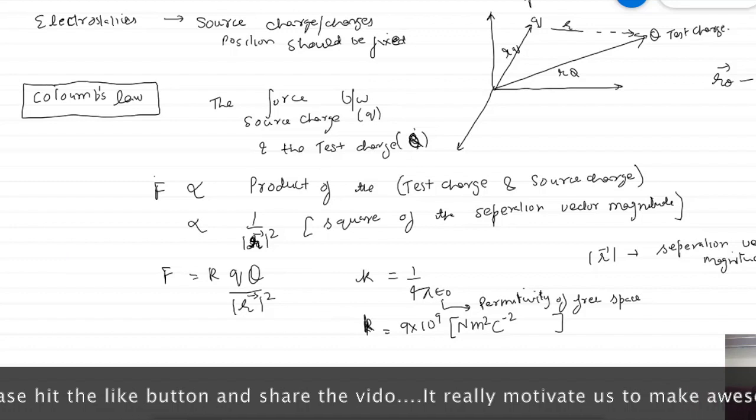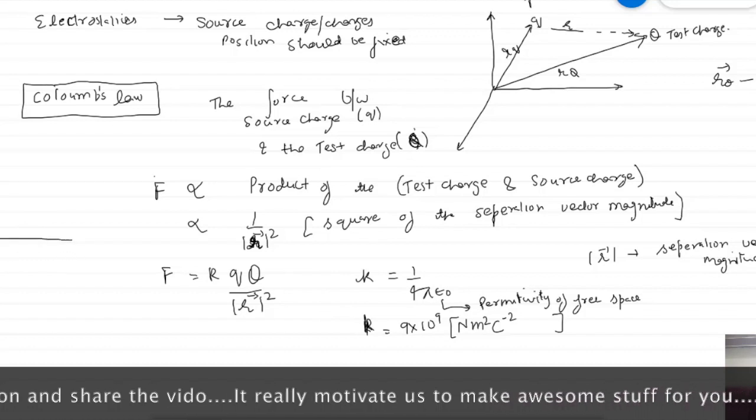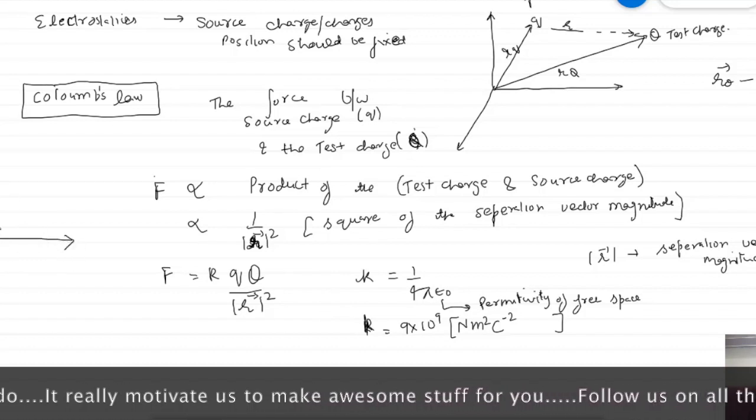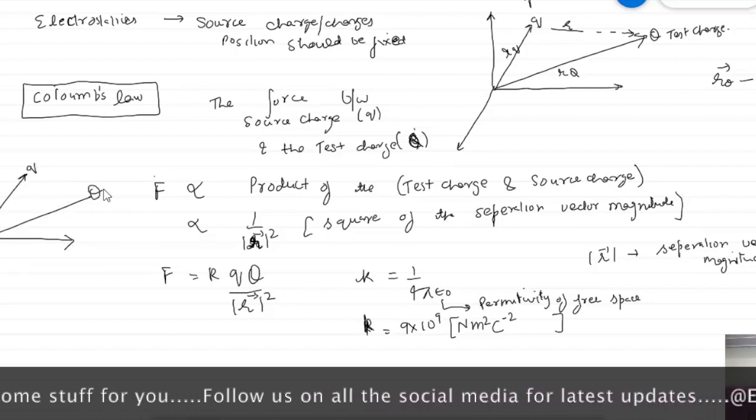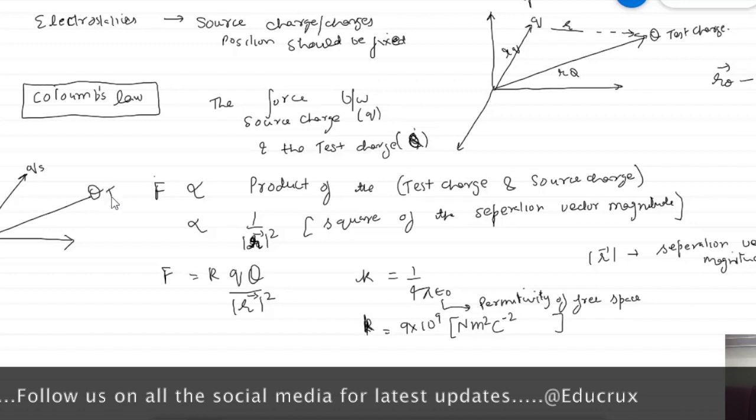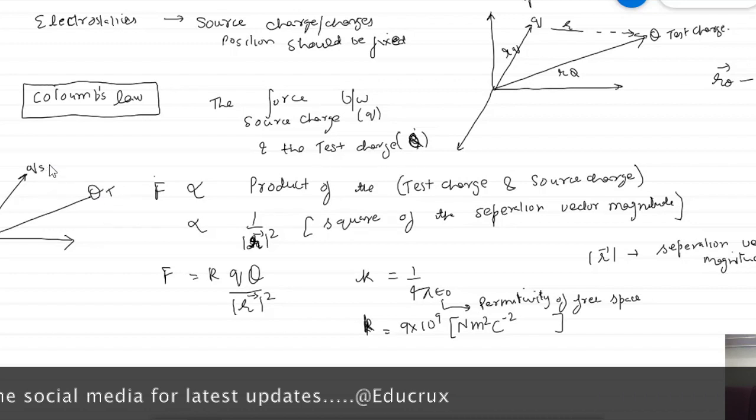So if I have a source charge small q and a test charge capital Q, so this subscript S stands for the source charge and T stands for the test charge.